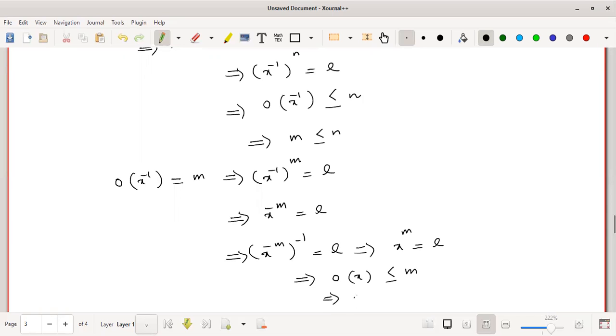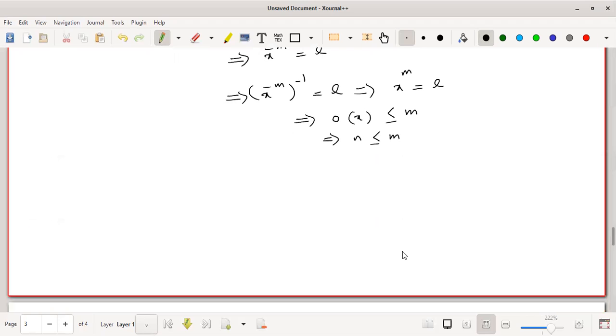But the order of x is n, so n is less than or equal to m. So it proves, therefore, the order of x is equal to the order of x to the power minus 1. That is, the order of x equals the order of x inverse.